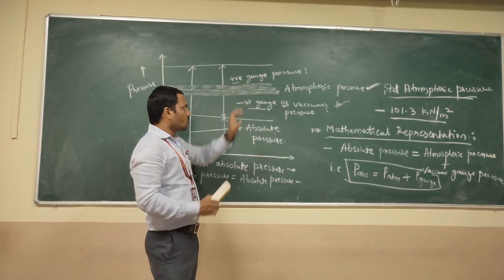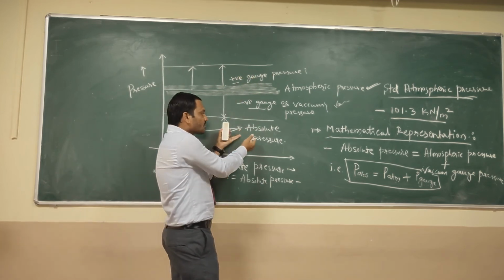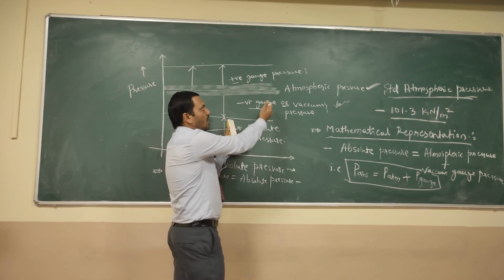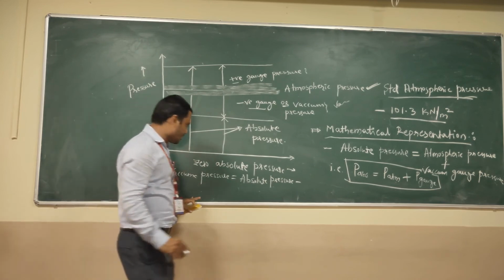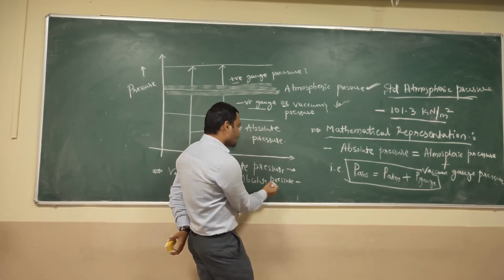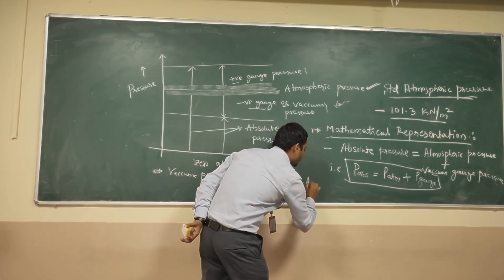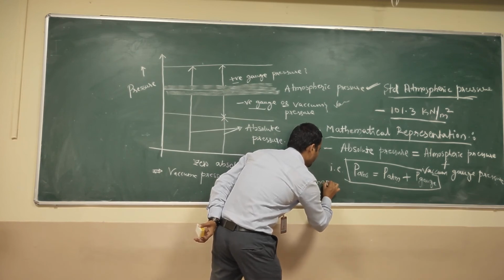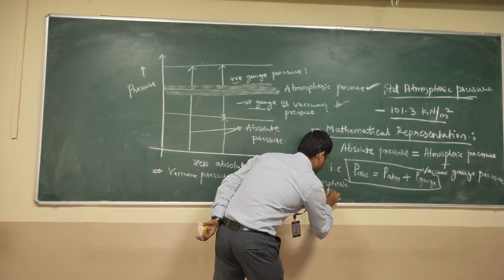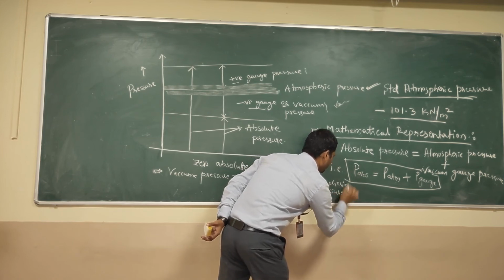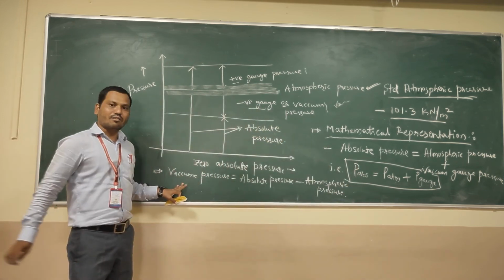If we subtract the absolute pressure from the atmospheric pressure, we get the vacuum pressure. So this is the vacuum pressure.